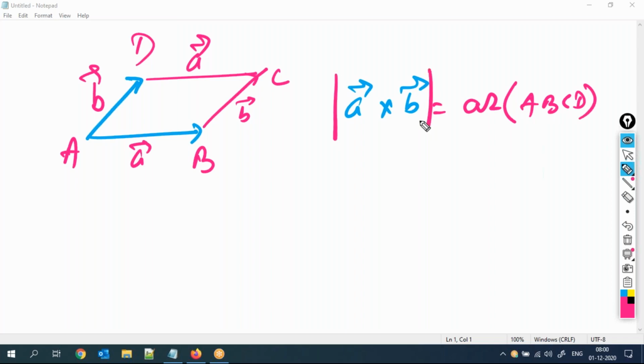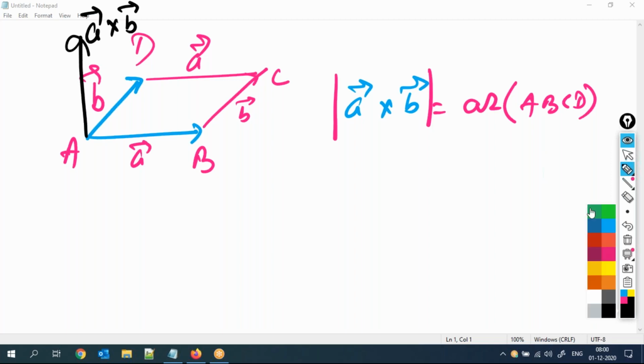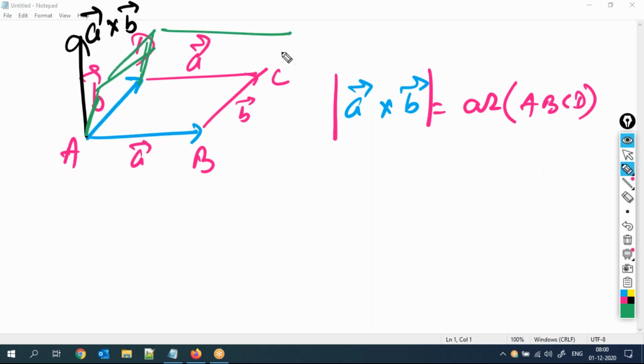I write the magnitude because I don't want to deal with direction. I remove the direction. Are we clear? Yes, sir. Any question? No, sir. And this is the direction of A cross B. Do you understand? Yes, sir. But suppose our parallelogram is not flat, it is slightly bent. You understand?